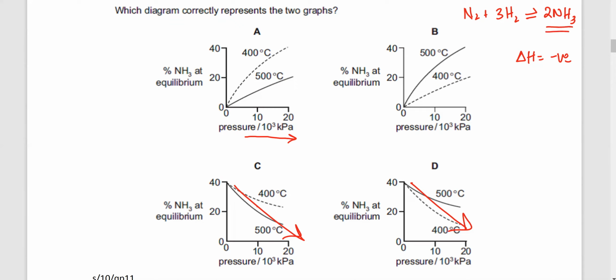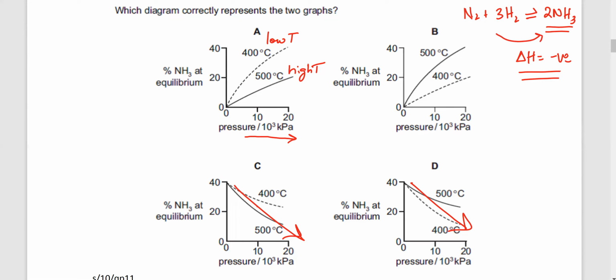I'm not sure. I mean, see, this is the lower temperature, right? And this is the higher temperature, right? I think it'll be, but I'm not sure why. If delta H is negative, like the forward is negative, right?